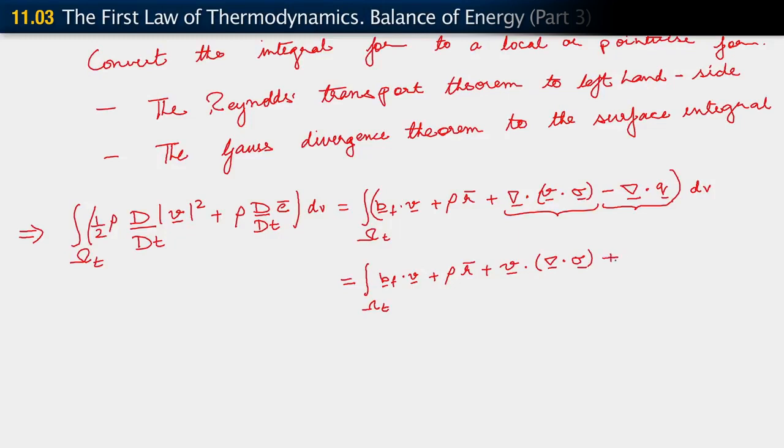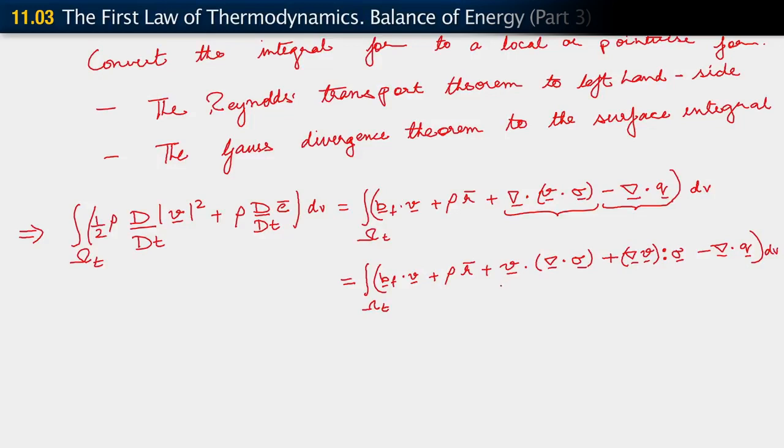The next term is the spatial gradient of V contracted with sigma. The last term is the same: minus divergence of q, the divergence of the heat flux vector, all dV.